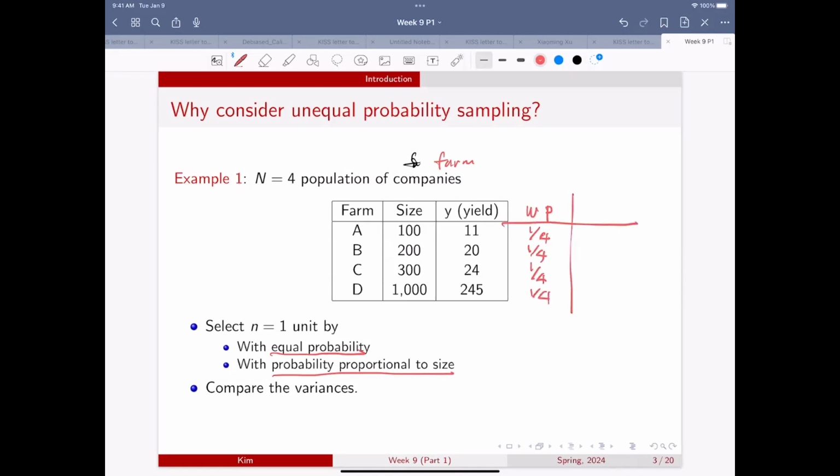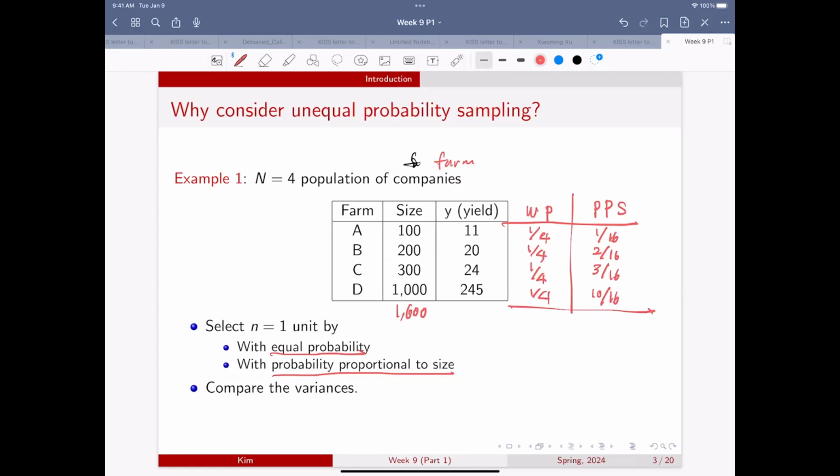Or with the probabilities proportional to size, the total is 16. So that means 1 over 16, 2 over 16, 3 over 16, 10 over 16.